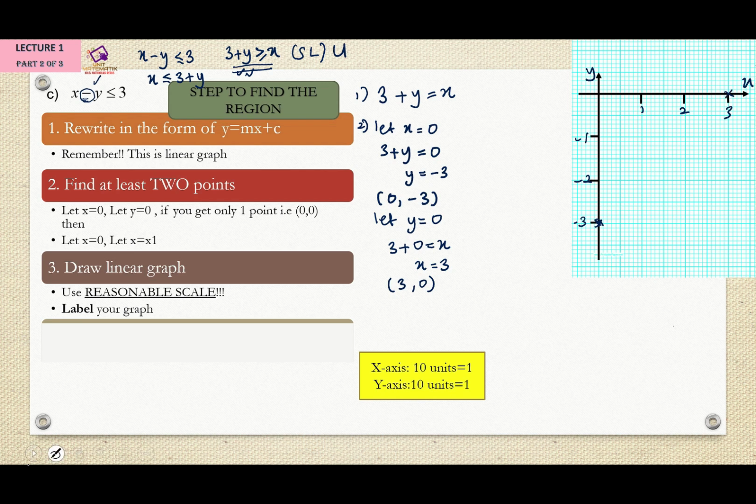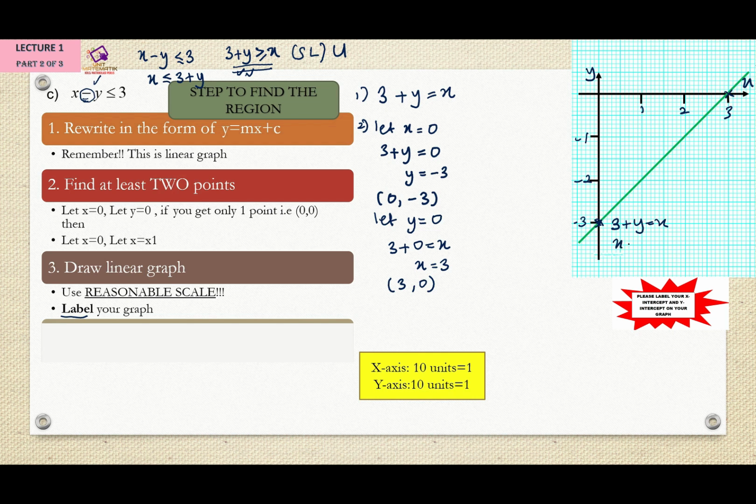Then remember your line is a solid line. So draw your solid line. So this is your solid line. Don't forget to label your graph. So your graph is 3 plus y equals x.